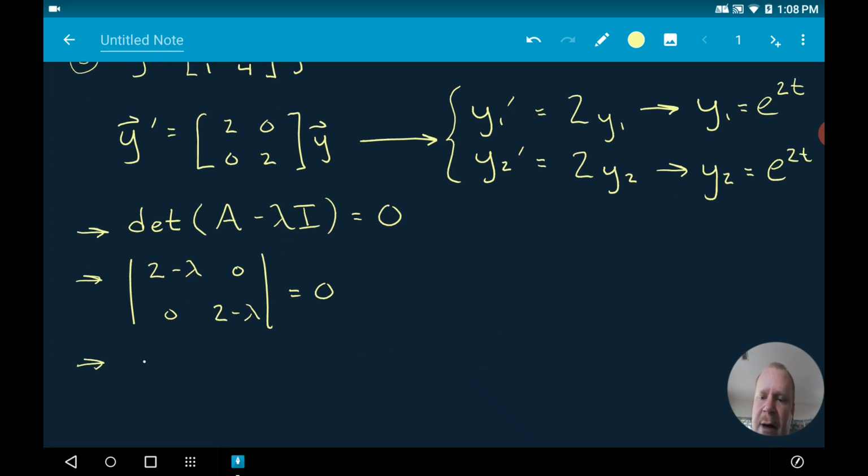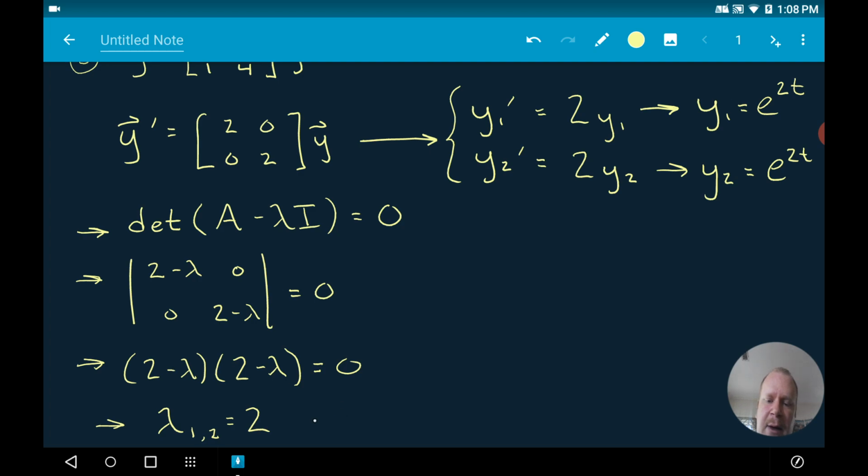So my characteristic polynomial is (2 minus lambda) squared minus 0, equal to 0. I get that my eigenvalue, lambda 1 and 2, is equal to 2, and that is repeated.